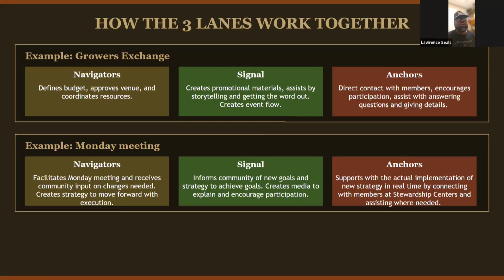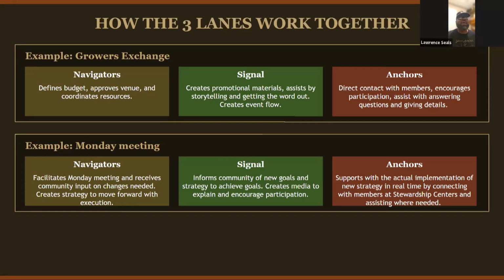Then we have the anchors, who are the direct contact with members. They encourage participation and assist with answering questions and giving details. They are important because a lot of times people have all these one-off questions about what they can bring, who can come, where the setup is, and they don't have time to meet every week to discuss this event. They might just need to make contact with somebody, right?